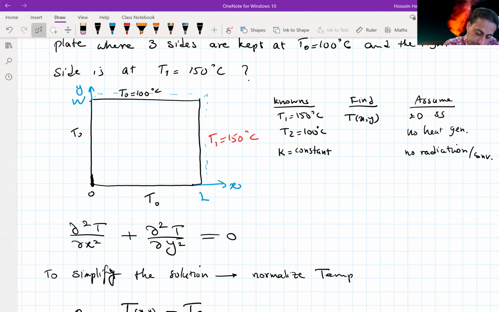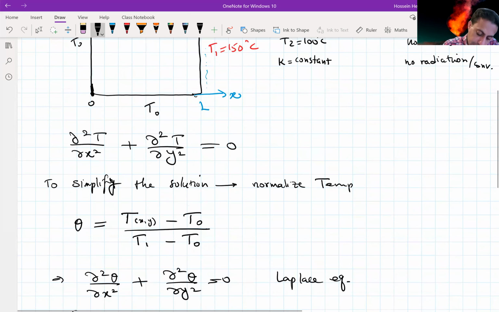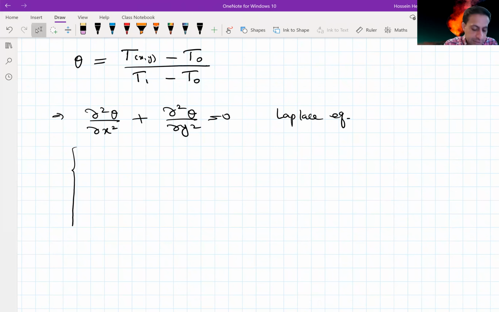The same thing on the other plane, when x is changing from 0 to L and y equal to 0, temperature is going to be T0, and at the top it is going to be T0. And here on the right hand side, when x equals L, for any y between 0 and W, we're going to get T1. So I'm going to write down those boundary conditions.